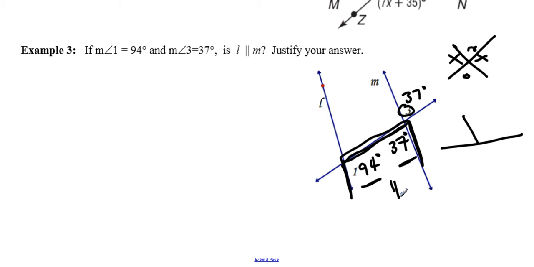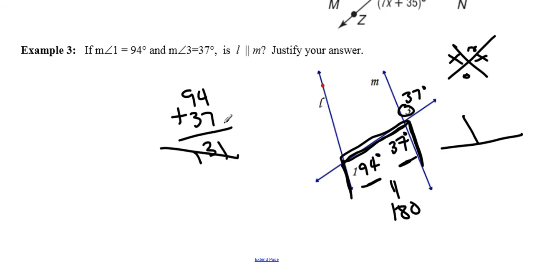They're supposed to equal 180 degrees if the lines that form them are parallel. Well, does 94 plus 37 equal 180 degrees? No, it equals 131 degrees. So because consecutive interior angles are not supplementary, then lines L and M are not parallel.